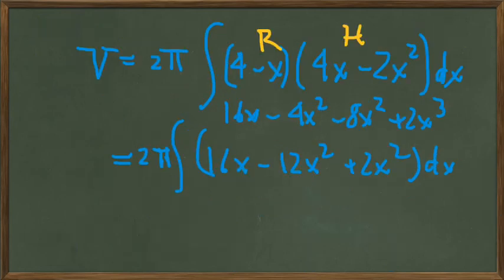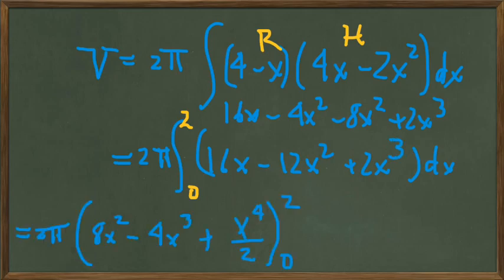So if we make our lower limit of integration 0, that gives us the maximal radius, and if we make our top limit of integration 2, that gives us the minimum radius. So here's how we set up the integral. And now let's calculate it.